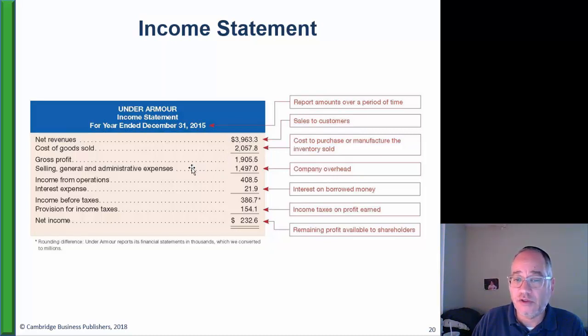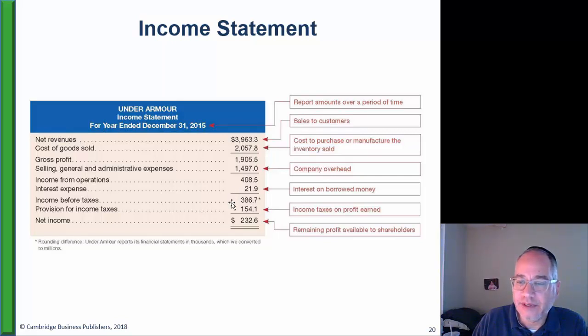Selling, general, and administrative would be all the other costs of running the business. So sales commission, shipping, advertising, also the cost of paying your managers is all SG&A. If you subtract that, you get income from operations or operating income. Then you may have other items that are kind of financing items like interest expense.